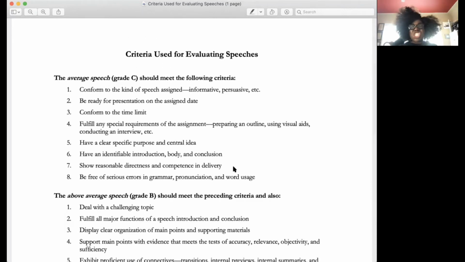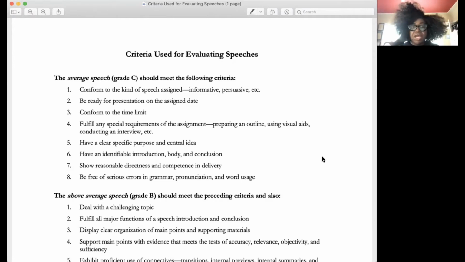And therefore the C speech now isn't going to have any of the things I just spoke about. It can still be organized well. It should still be organized well, because if it's not organized well, it's going to be a D or an E speech. So it has an identifiable introduction, body, conclusion. It shows competence in delivery.